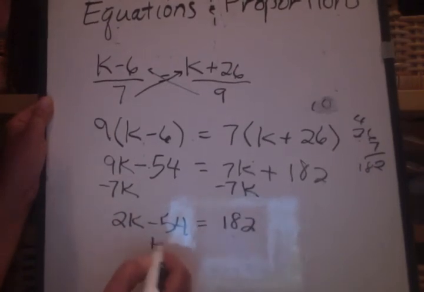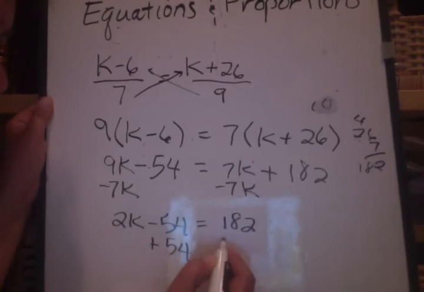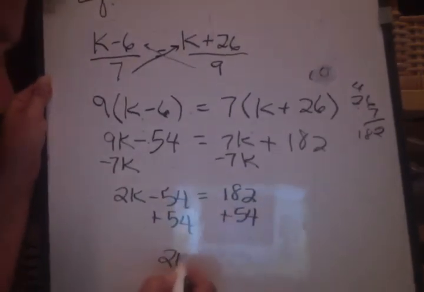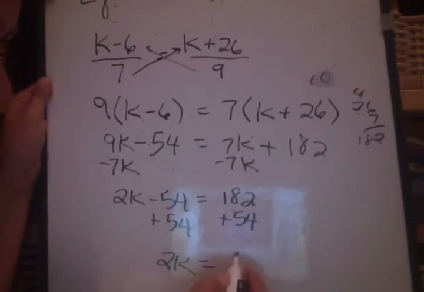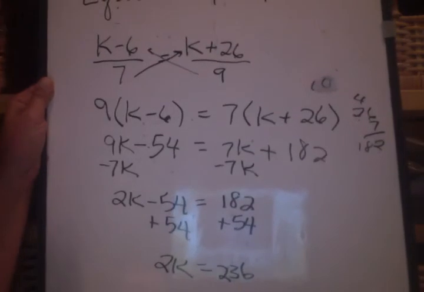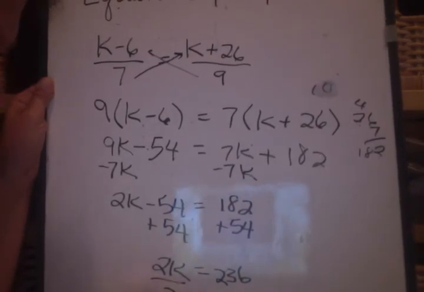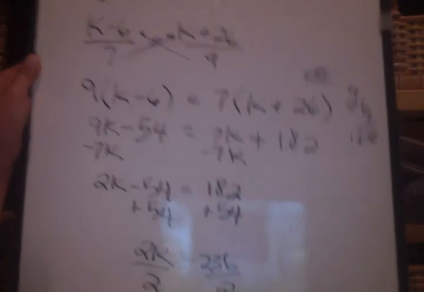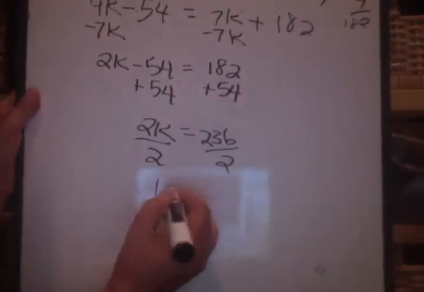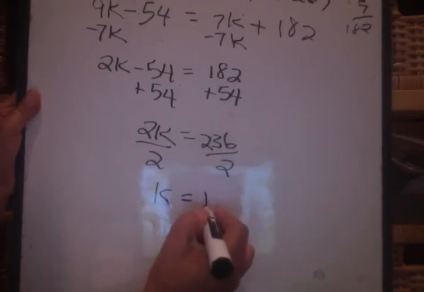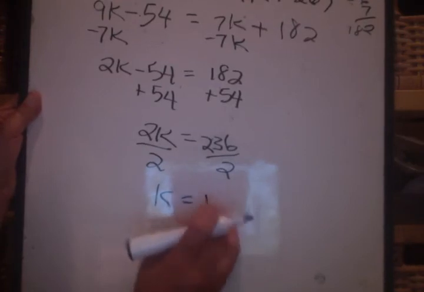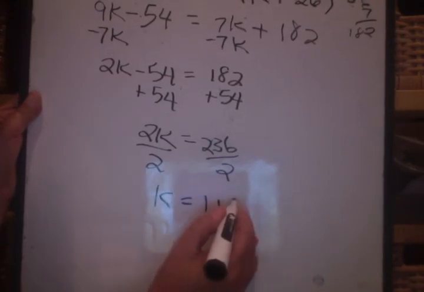I add 54 to both sides. And I get 2k equals 236. So I divide both sides by 2. And I'll get k equals, 1, 0, I'm sorry, not 1, 0, 118.